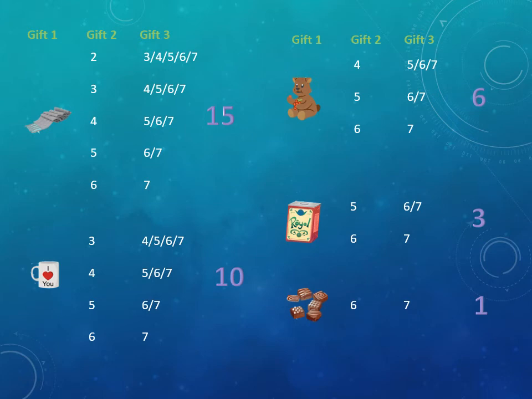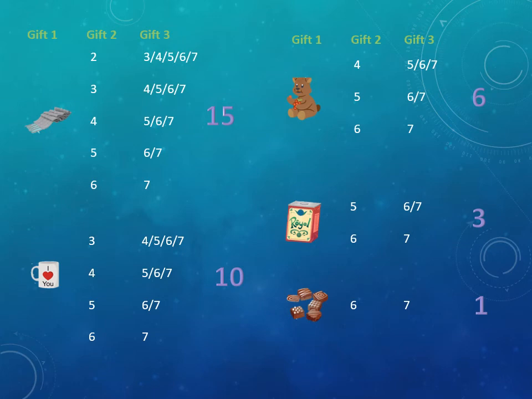So in that very first line we have 5 different combinations. In our second line we chose object 3 as our second gift, which means we now had 4, 5, 6 and 7 as our choices for our third gift.